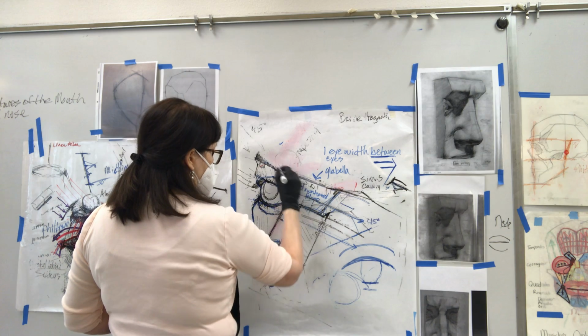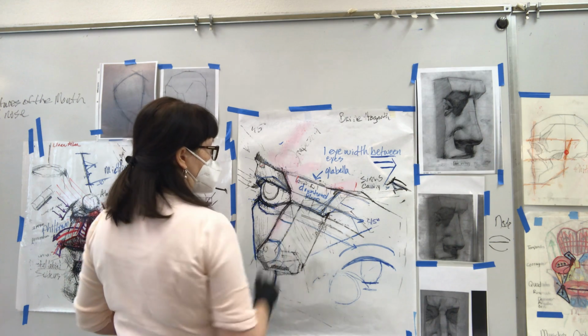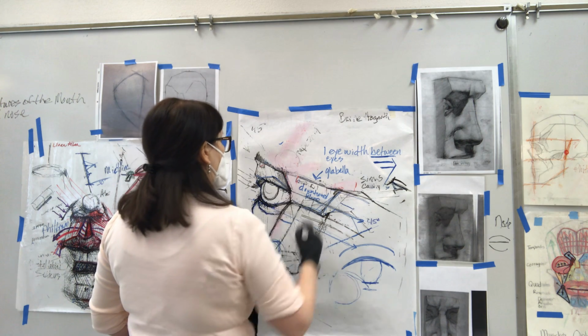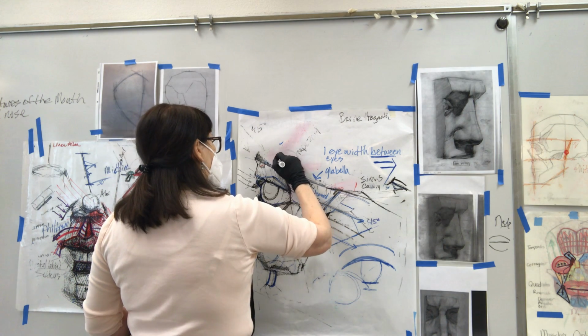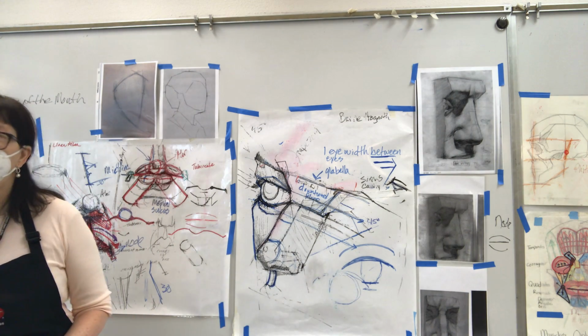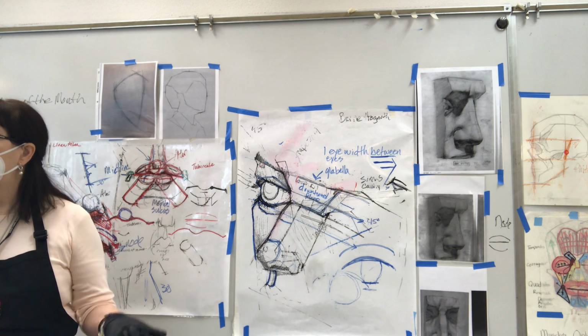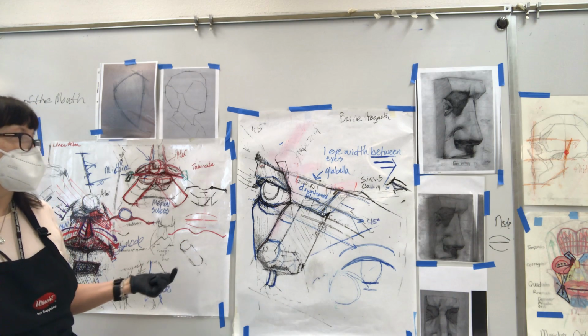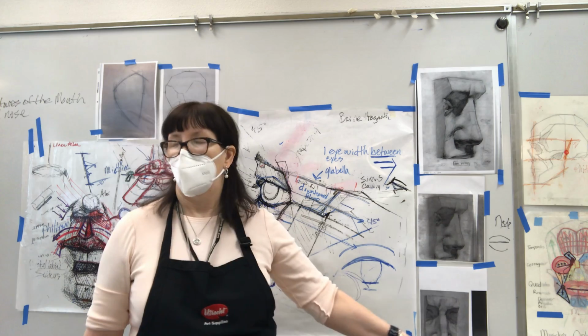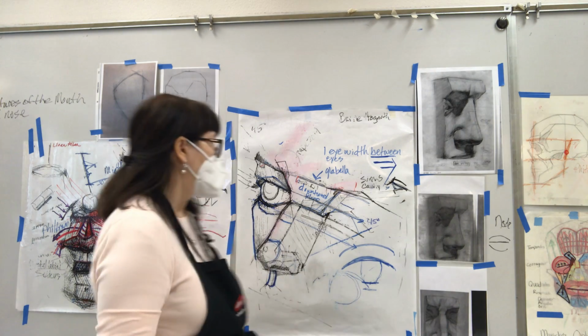Here's the orbicularis oculi surrounding this cavity with the levator of the eyelid. And it has just this little tail coming out. That's called the procerus, and it comes off the orbicularis oculi. If you hear oculi, it means eye. If you hear oris, it means mouth.